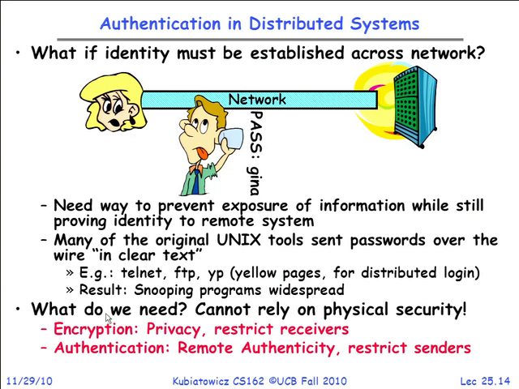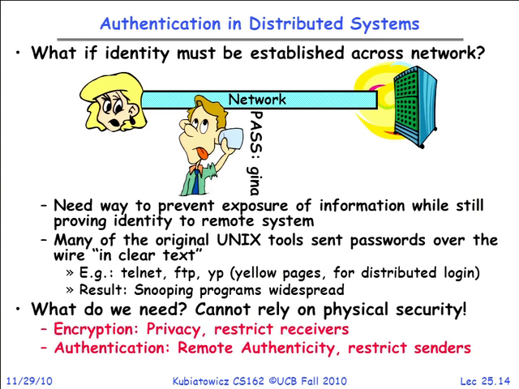We also need some sort of remote authentication mechanism to really prove that Alice is who she says she is over the network, and it better be better than a password. This is really a form of restricting senders. So we're restricting receivers and senders, and ultimately you end up with the one-to-one conversation that you really want.